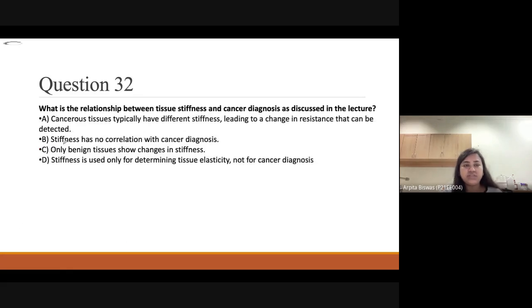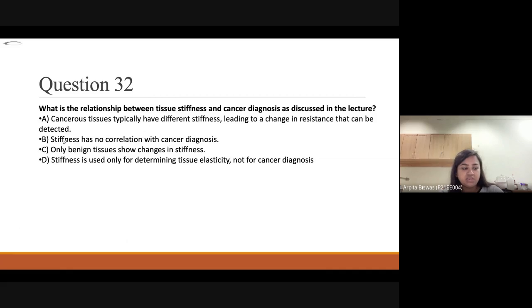Okay. So this is the last question, question number 32. What is the relationship between the tissue stiffness and cancer diagnosis as discussed in the lecture? The first option is cancerous tissue typically have different stiffness, leading to a change in resistance that can be detected.